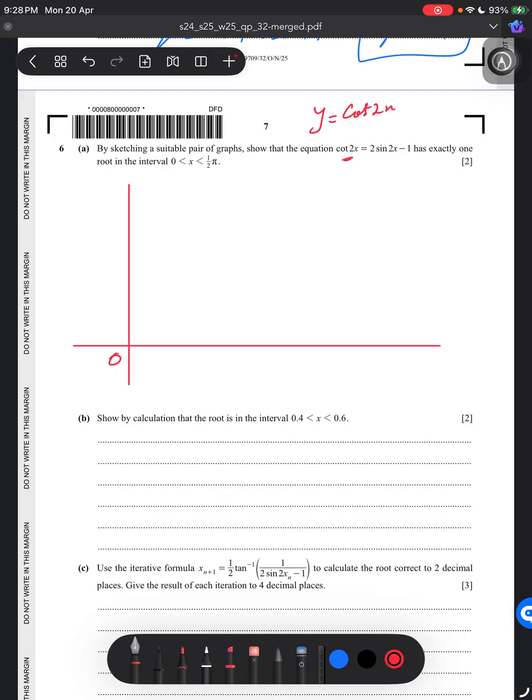0. So this is a pi, or we can just leave it, this would be just 1/4 of pi and half of pi.